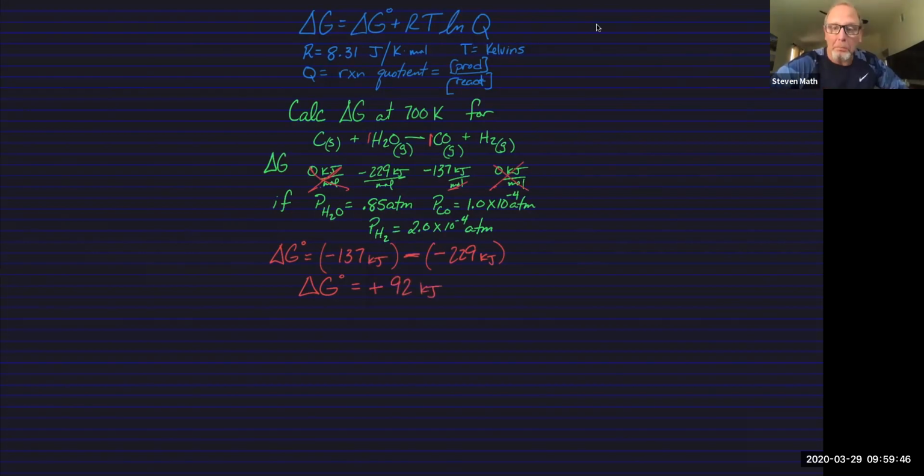Non-spontaneous. Okay. Well, what happens now when we crank on the pressure, take the pressure way down, and take that temperature way up? So I'm halfway there. I've got the G prime. I've got RT. I need to get Q. So in this case, now we're going to do Q. And that's going to just be my product over my reactants.